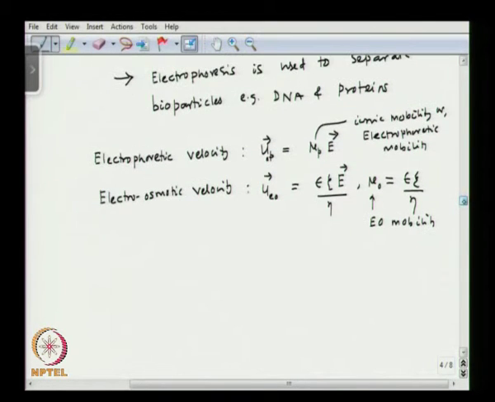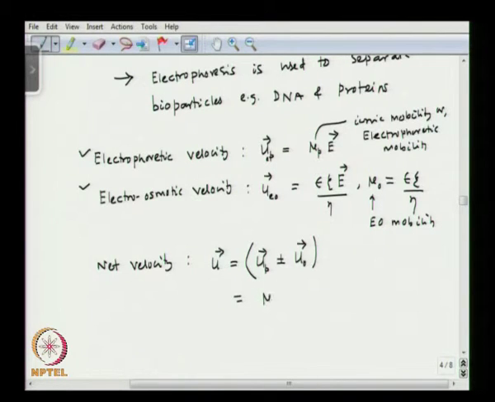So the net velocity of the particle will be the vector sum of the electrophoretic velocity and the electroosmotic velocity. So u would be the electrophoretic velocity plus or minus the electroosmotic velocity, depending on the direction of the electrophoretic velocity with respect to the electroosmotic velocity.